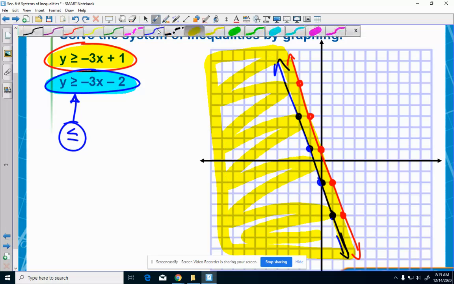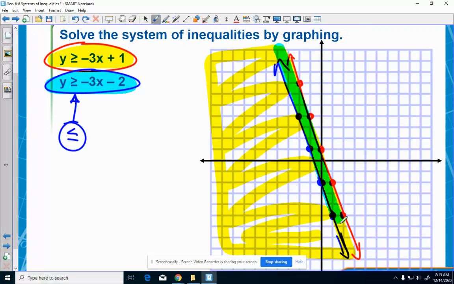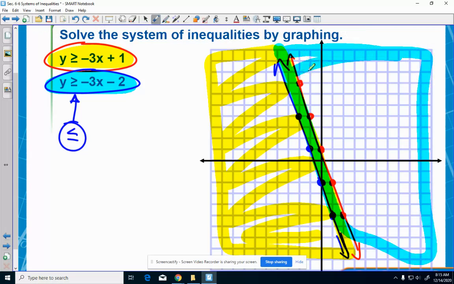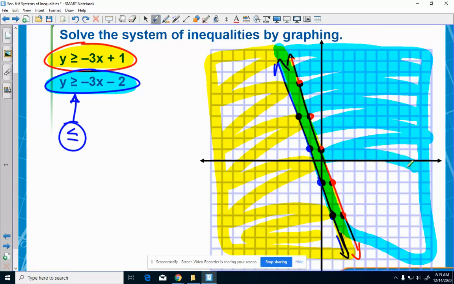And what if the blue line was shading above? That would have been everything over here, right? You can see now that the only thing they would have shared in common would have been that tiny little strip in the middle. So don't think that just because 2 lines are parallel that they don't have a solution. They can have a solution. You just have to be careful when you graph them what that may look like.